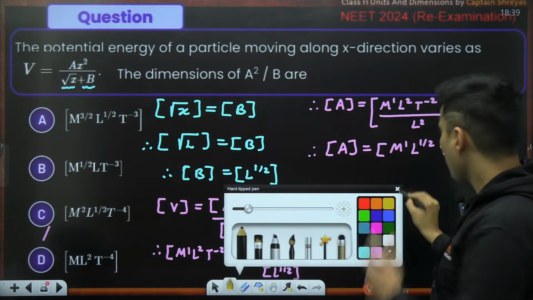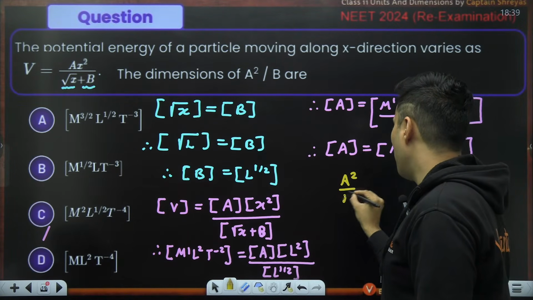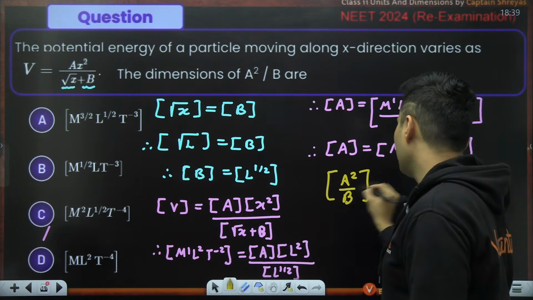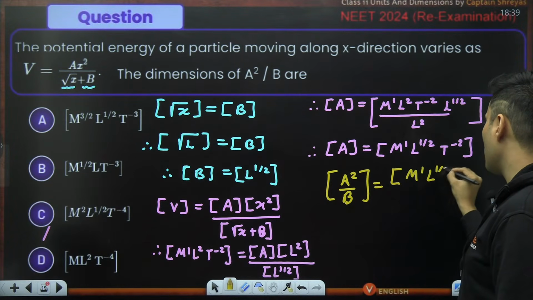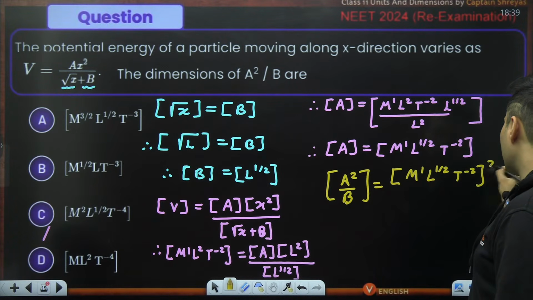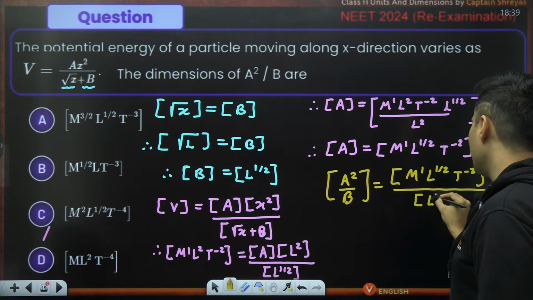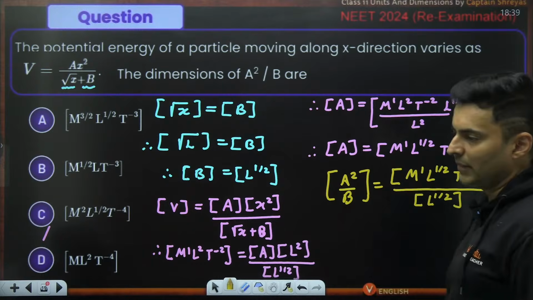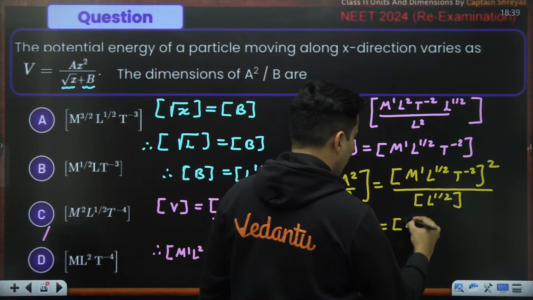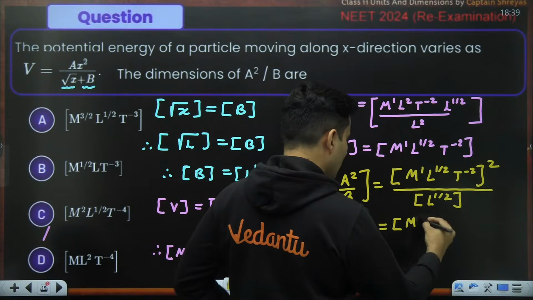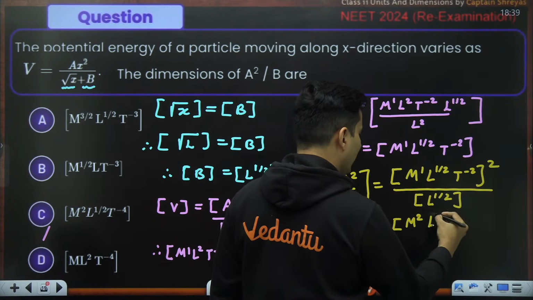Now the last thing, you have to find A square by B. So A square by B's dimension will be, square this, so it will be m raised to 1, L raised to half, T raised to minus 2 the square, the whole thing divided by B's dimension, which is basically just L raised to half, my dear warriors. So now it becomes obvious what it should be. M raised to 1 raised to 2, that will be m raised to 2, half raised to 2 is just 1, so L raised to 1.